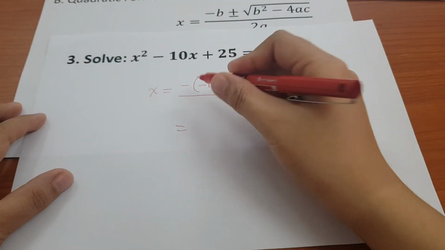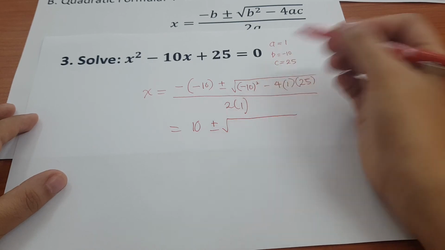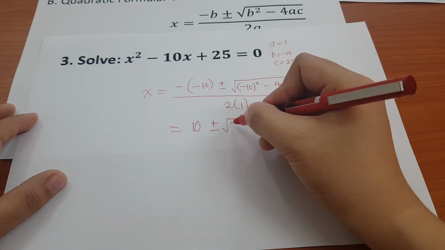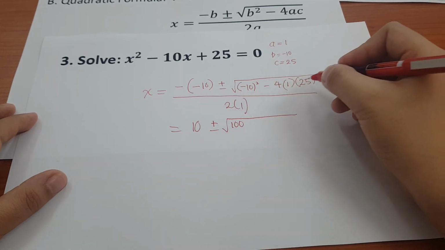So minus and minus gives plus 10, plus and minus the root of minus 10 times minus 10, minus 10 squared, which is 100. 4 times 1 times 25 is 100.